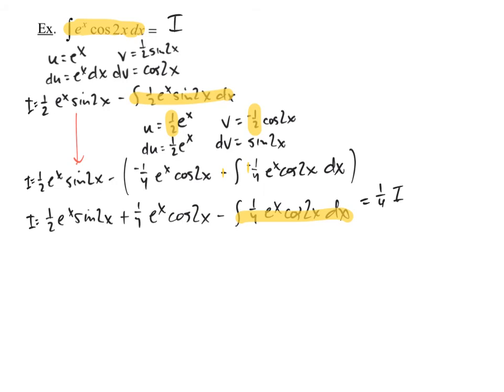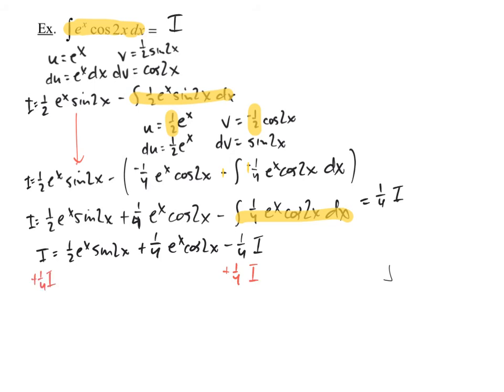And so what I have here is I is equal to this 1/2 e to the x sine 2x plus 1/4, this was a 4, by the way, if that wasn't clear, e to the x cosine of 2x minus 1/4 of I. And my objective is to solve for I. So I'm going to add 1/4 I on both sides.